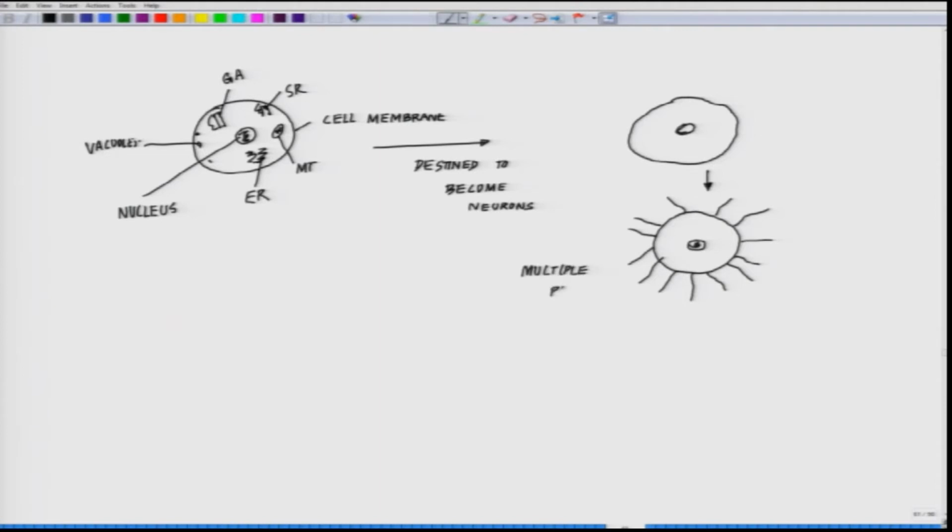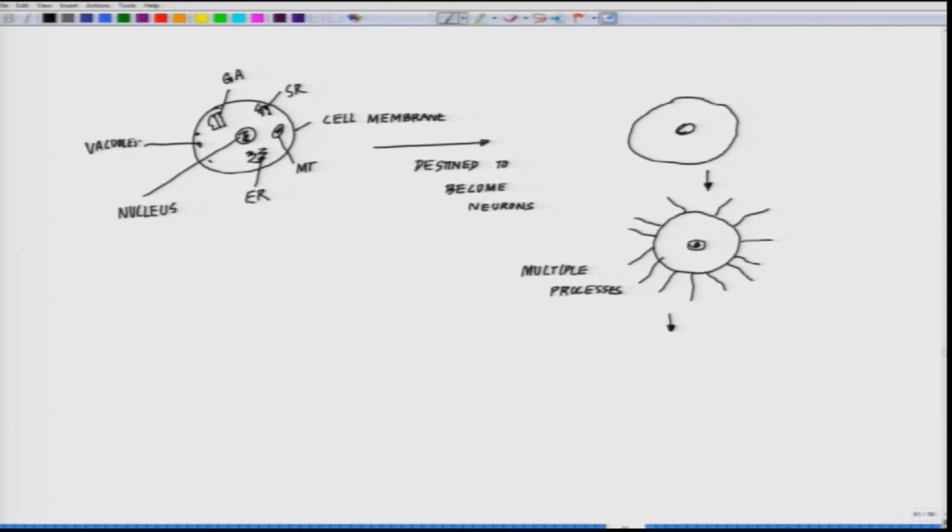Multiple processes. Now, among these multiple processes, for some interesting reason which till this date is not very clear, one of these processes dominates over others.